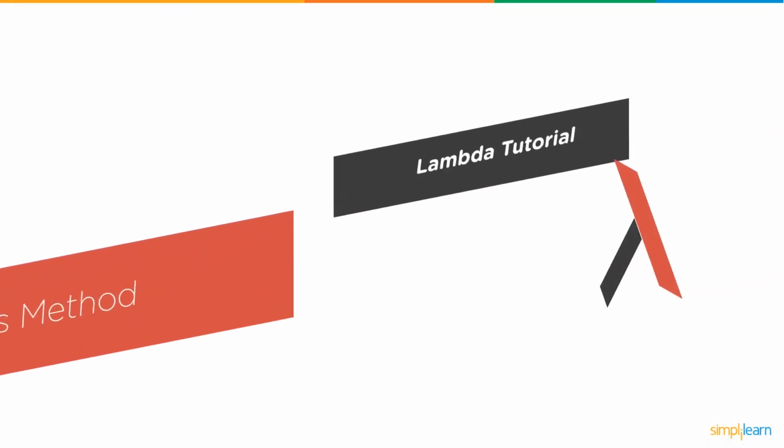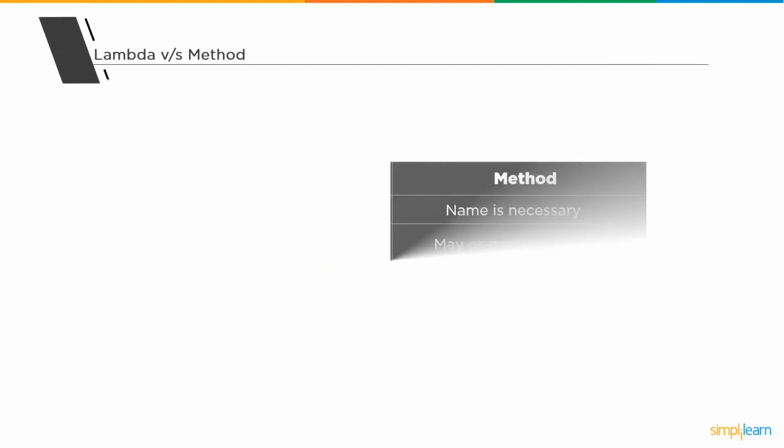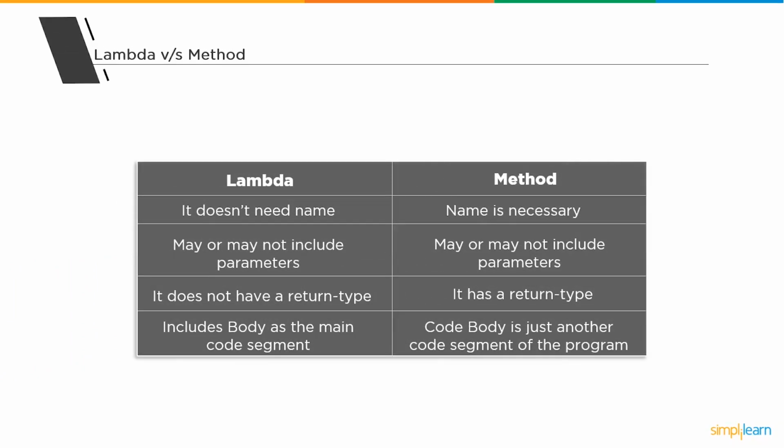Let us move ahead and learn the major differences between Lambda expressions and methods. The first difference is that a Lambda expression doesn't specifically need a name, whereas for a method, a name is mandatory. The next difference is that Lambda expressions may or may not include parameters.